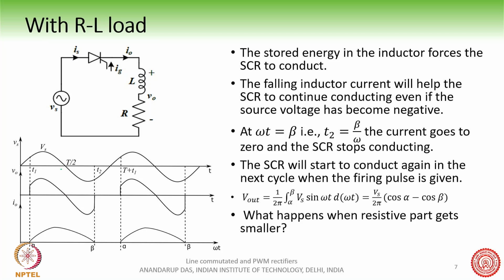Here is the trick: even if the source voltage has gone negative, and the output voltage which follows the source voltage has also gone negative during this point, since the current is still positive, the SCR will go on conducting up to the point beta.